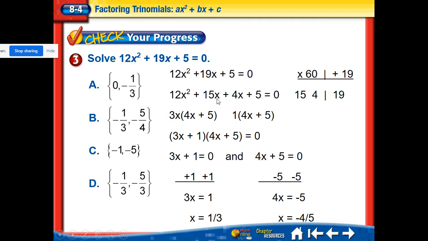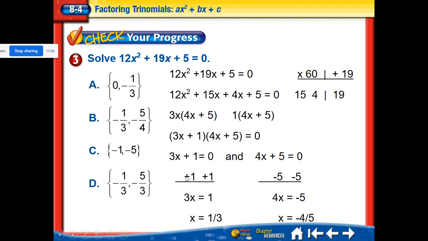The 12x squared and the 15x have a 3x that we come out with, and a 4x plus 5 is left. Over here, there's nothing in common, so we put a 1 in front and then a 4x plus 5. Putting those together, we get 3x plus 1 and 4x plus 5. Then we can implement the zero product property so that each of these equals 0: 3x plus 1 and 4x plus 5 equals 0.